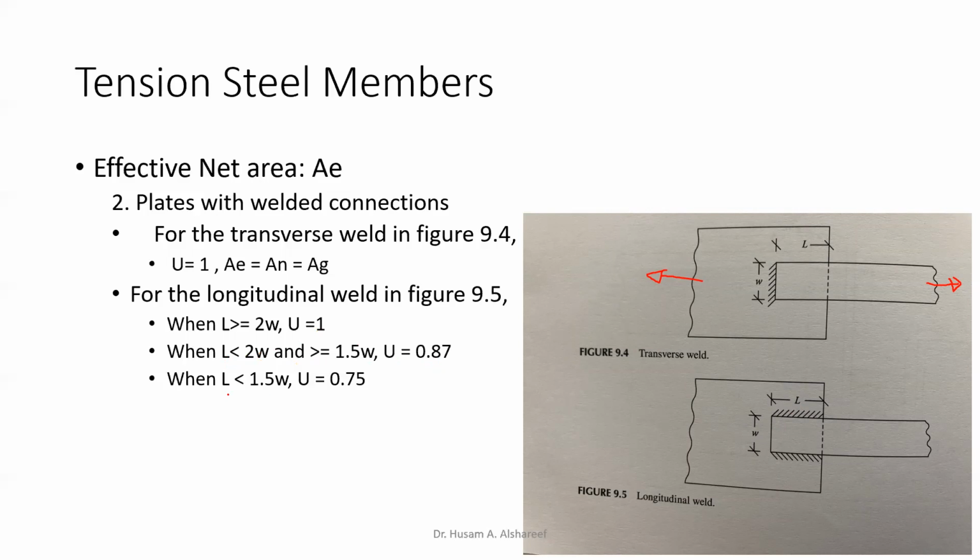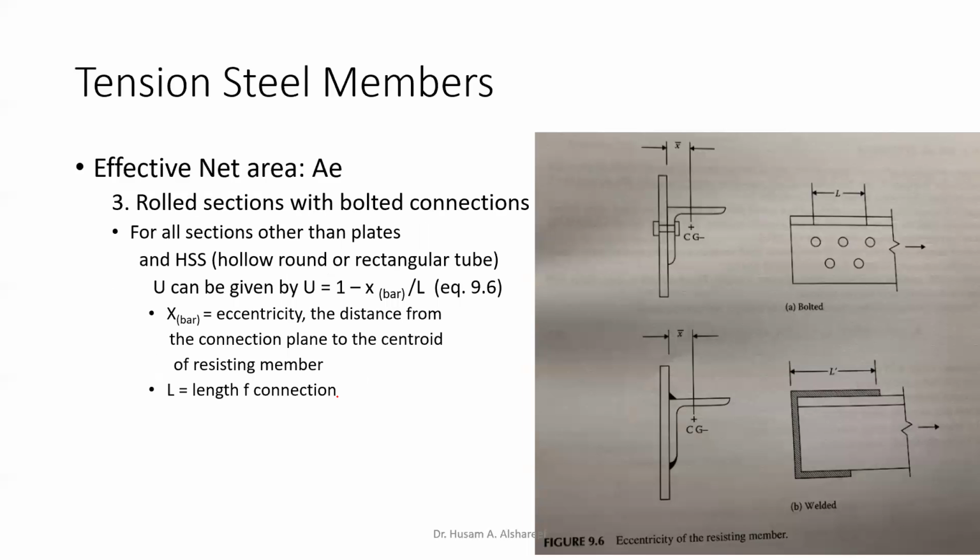And if your L is less than 1.5 times the width, then U equals 0.75. So if you can tell, this is all an attempt at finding the shear lag value, which is the U, giving you different scenarios.